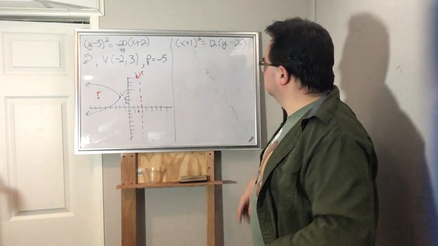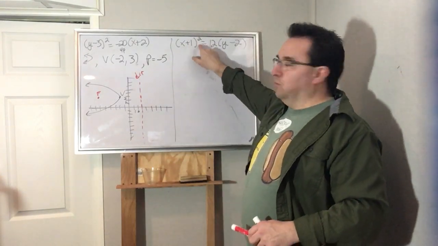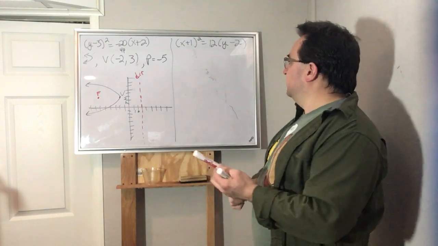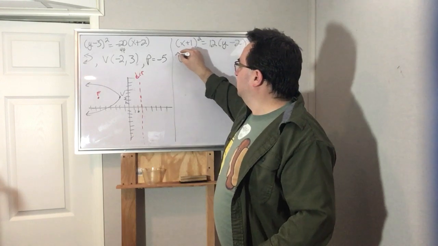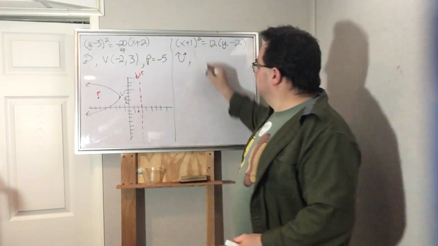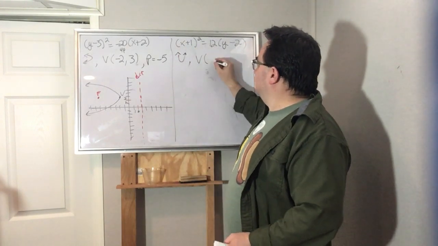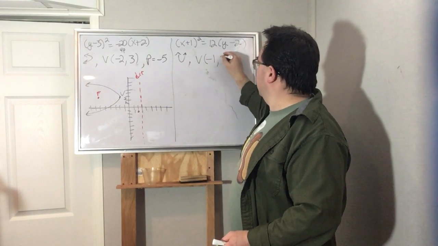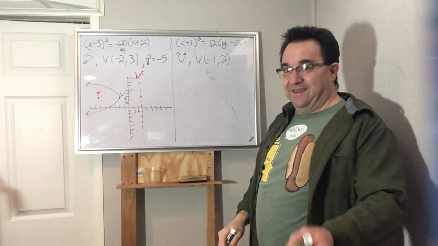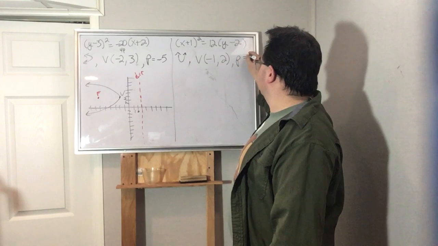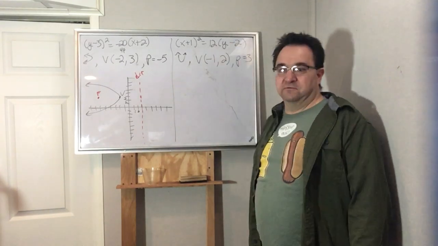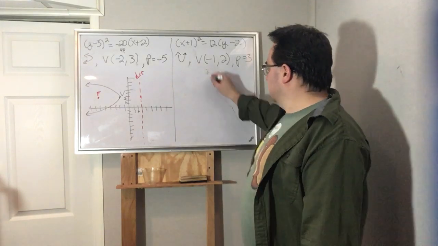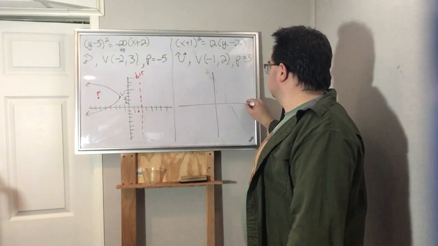Let's go again. X squared. That's vertically oriented. That's positive, so it opens up. Furthermore, there is a vertex at negative 1, comma 2. And also, the p-value would have to be 3, because 3 times 4 would equal 12. So now I'm going to graph it.